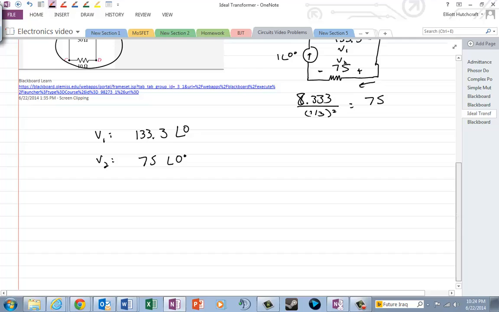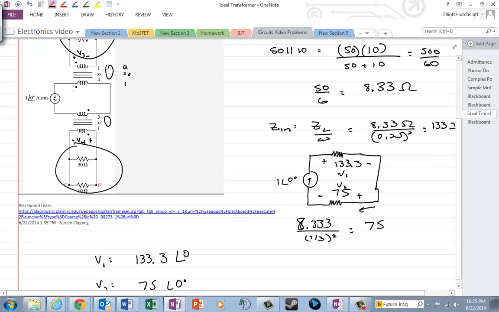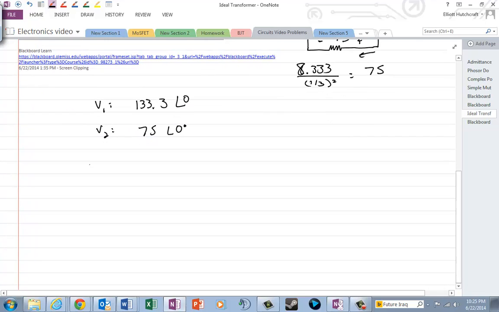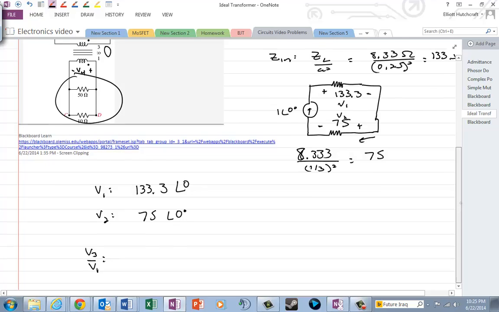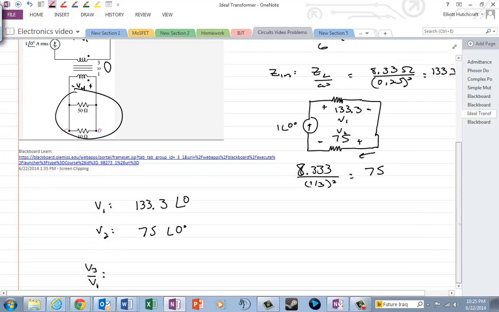The formula should be V3 over V1 equals 1 over 4.